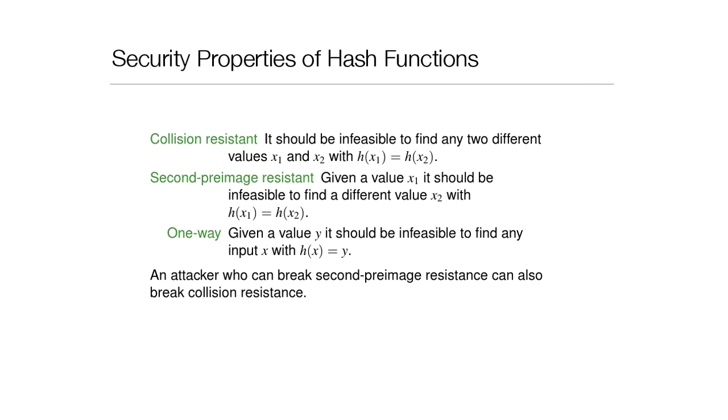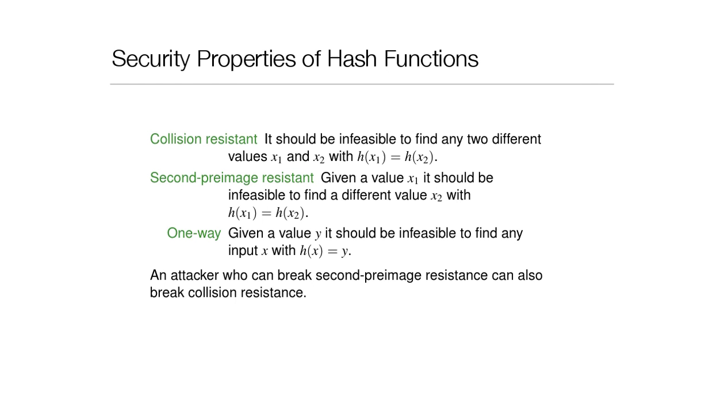And one way, given a value y, it should be infeasible to find the input x with h of x equals y. We discussed that in our previous slide as well. An attacker who can break second pre-image resistance can also break collision resistance. I mentioned that collision resistance is a little bit easier than second pre-image resistance.